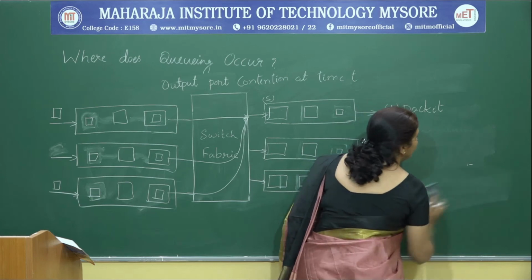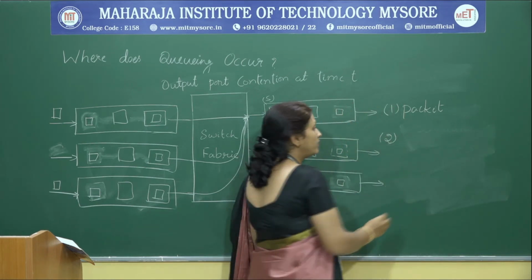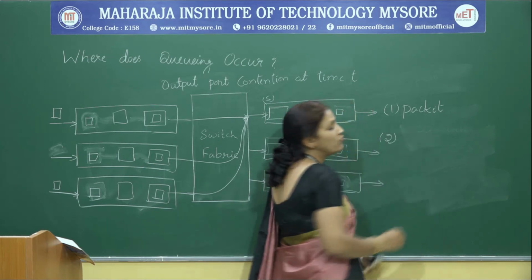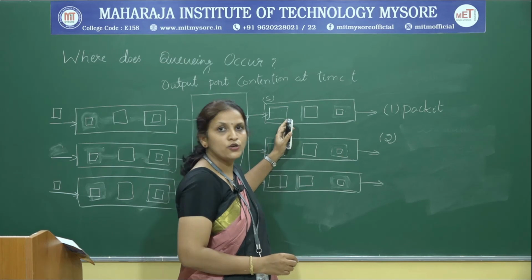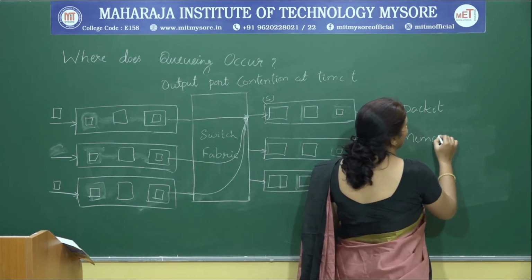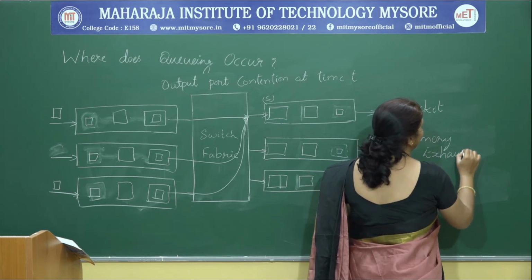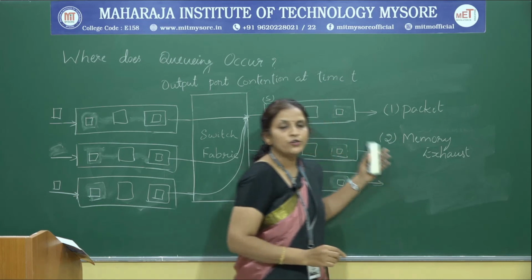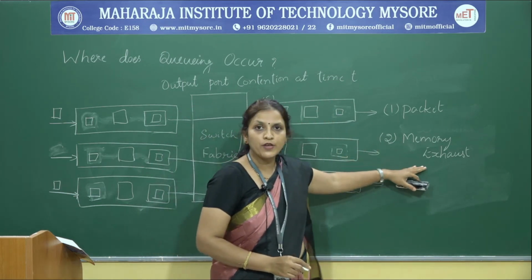And then we need to think about the second aspect, that is what will happen when too many packets are getting deposited in the queue. That will result in memory exhaust. When too many packets are getting accumulated here, it results in memory exhaust.